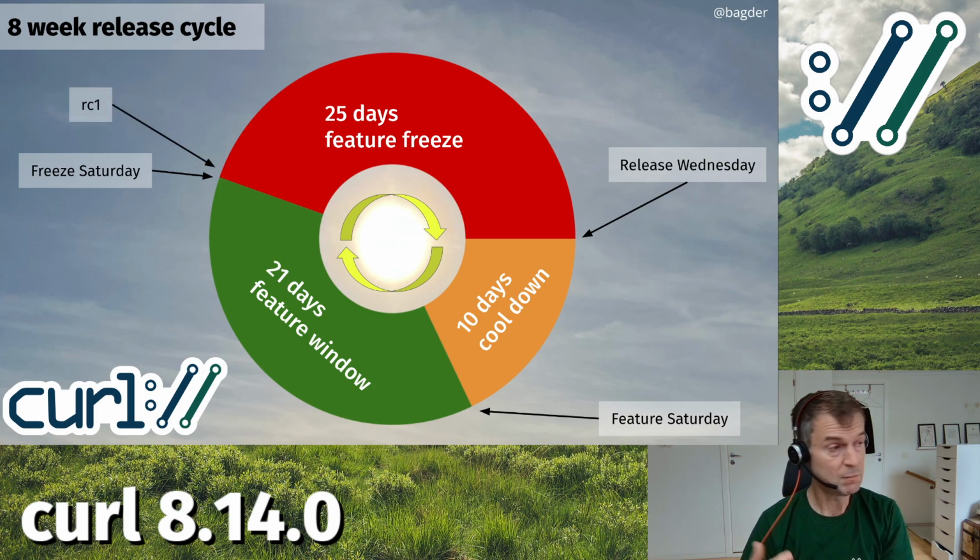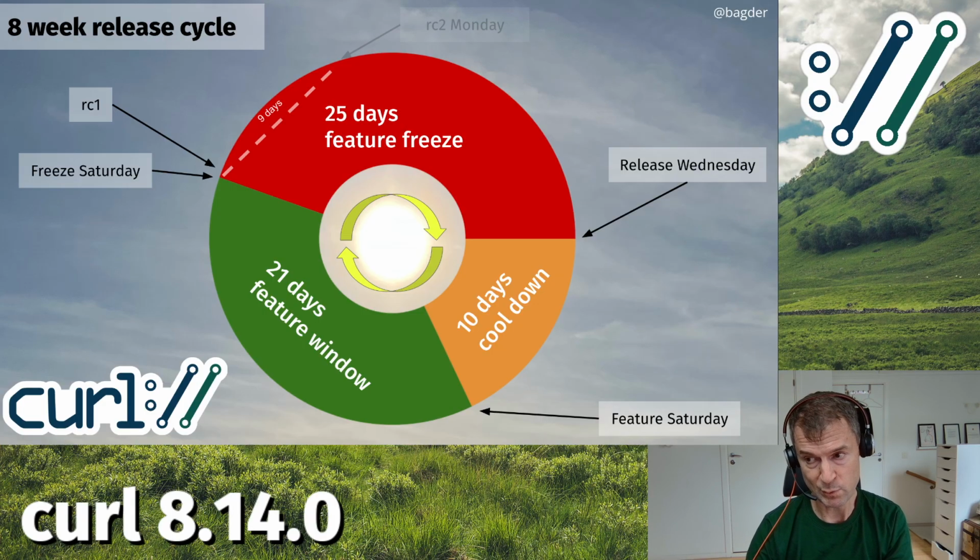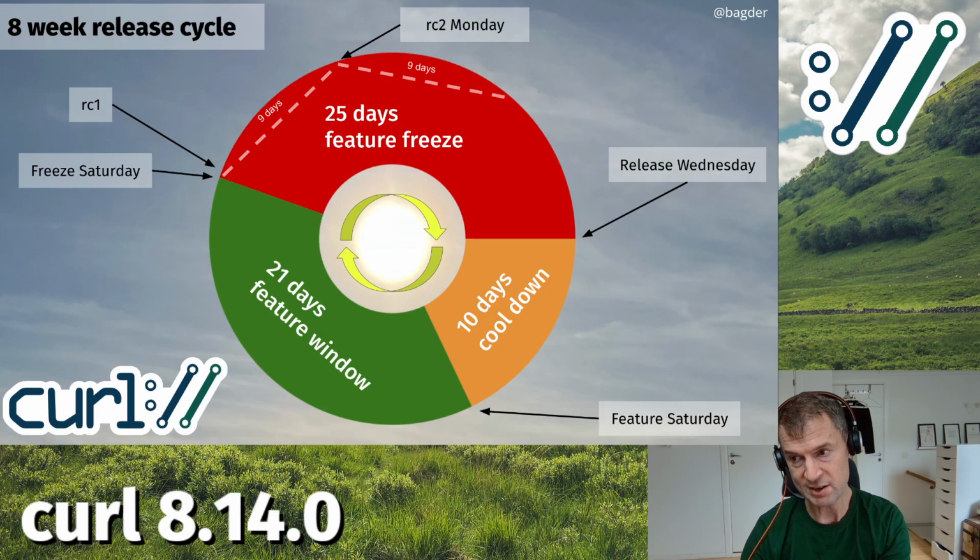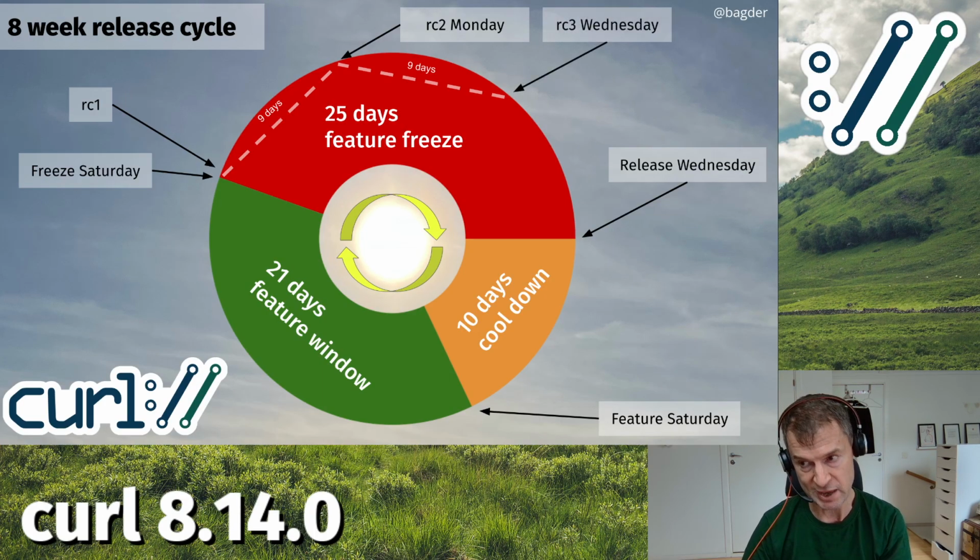And recently we also introduced the concept that on that freeze Saturday, when we say, hey, no more features for this cycle, we also release a release candidate called RC1, and then we wait another 9 days, and then we do a release candidate 2, and then we wait another 9 days and we do a release candidate 3.